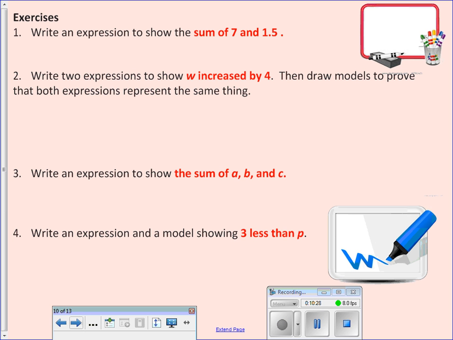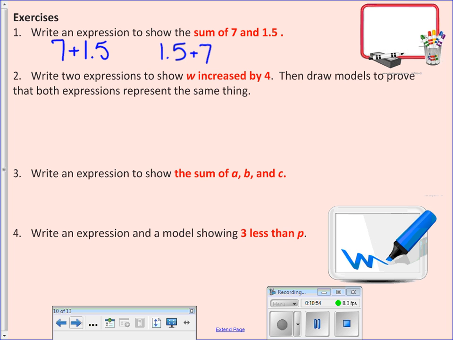Write an expression to show the sum of 7 and 1 plus 5. So sum means to add, and we could write that either way. That's the bottom of page 40. All right, top of page 41, number 2. Write 2 expressions to show W increased by 4.